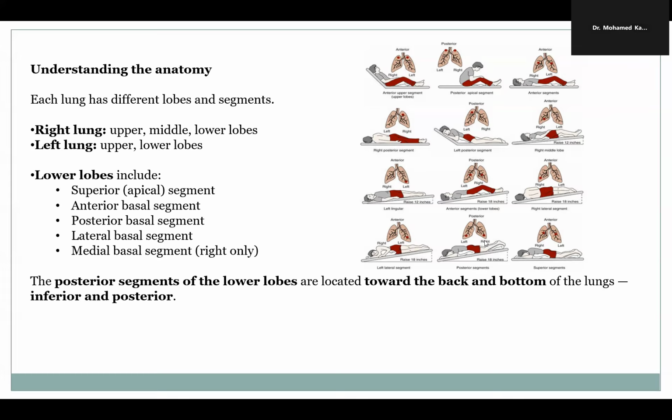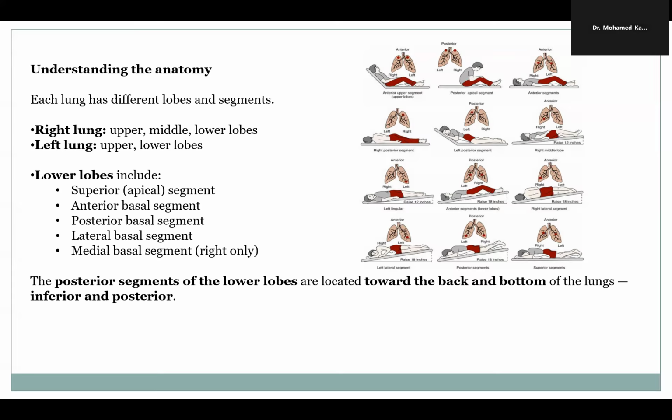We might have elevation for 12 inches, 18 inches. Some people have a good visual memory, so they would like to memorize these pictures by seeing them, and others would like to memorize tables. So anyway, we need to know these positions because I'm 100% sure you will get a question on postural drainage.